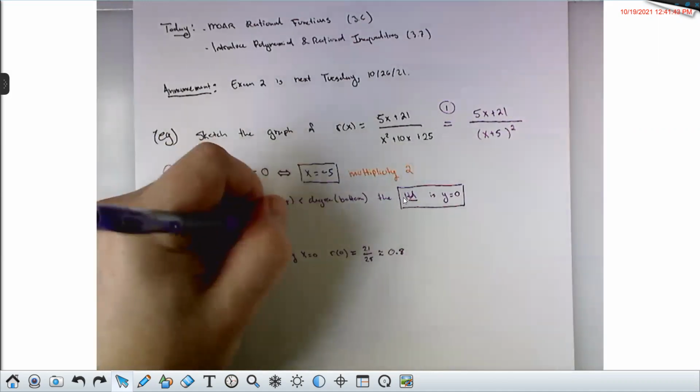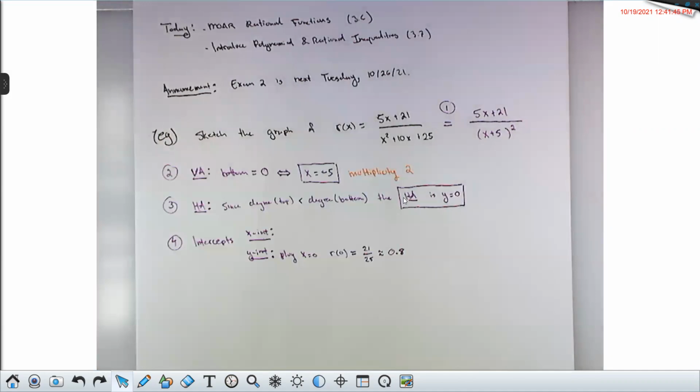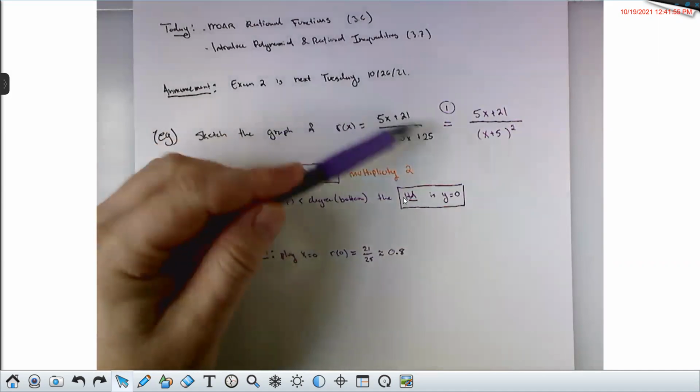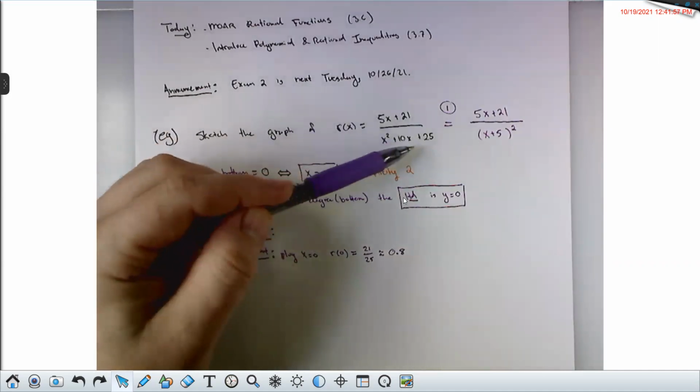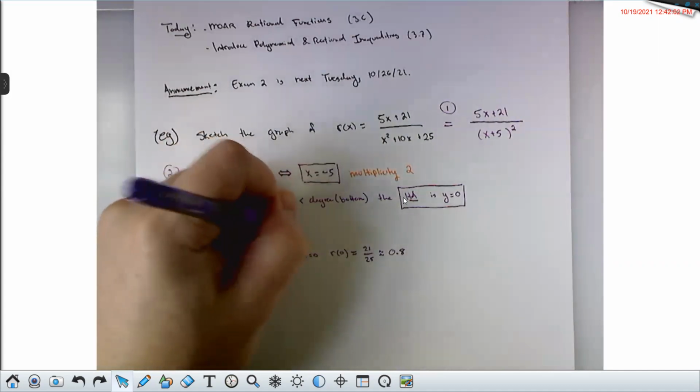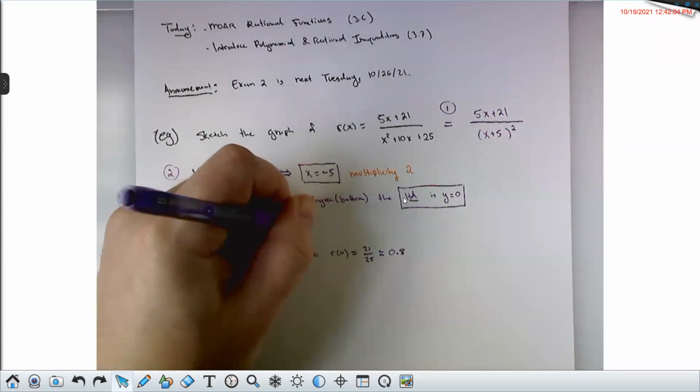But the x-intercepts, how do we find those? 5x plus 21 equal to 0. I'm sorry, say that one more time. The top has to be 0. Very good. Yeah, the x-intercepts are places where the whole function is equal to 0. And that will happen if the top is equal to 0, right? A fraction is 0 if its top is 0. So we set the top equal to 0.